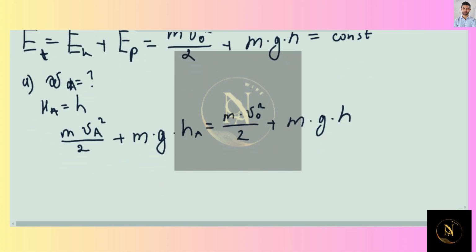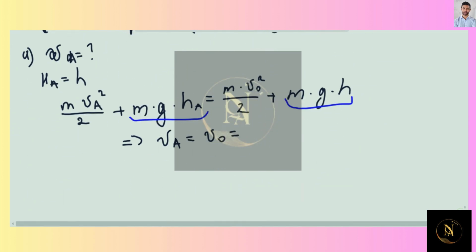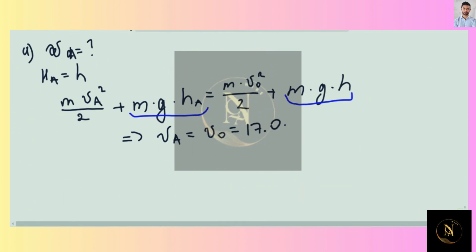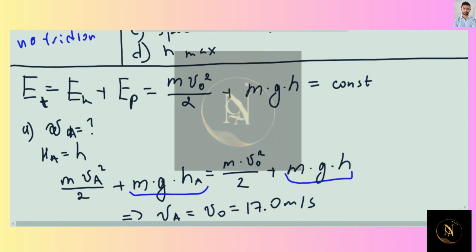So as we can see, these two are the same. Therefore, the velocity at point A equals the initial velocity, which is 17.0 meters per second.